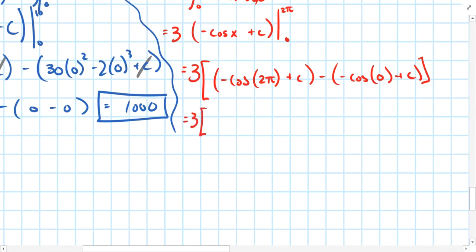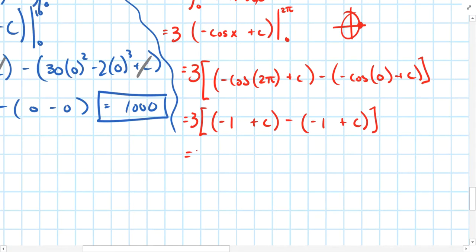So that's going to be 3 times, now cosine of 2 pi, I'm thinking about my unit circle here, 2 pi is this position here, so cosine, the x value at that spot, is 1. So we have negative 1 plus c minus, now a negative cosine, well that's interesting, we've got negative times cosine at 0, cosine at 0 is also 1, so we've got a negative 1 plus c again.